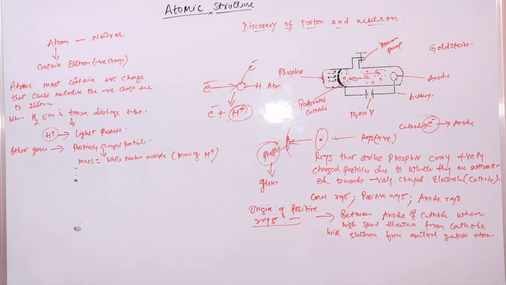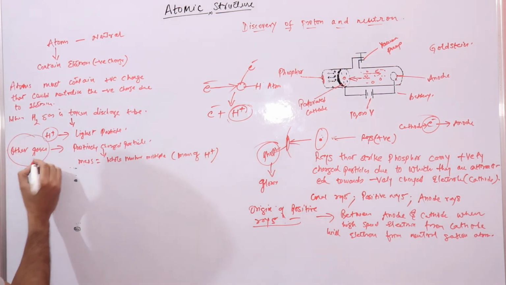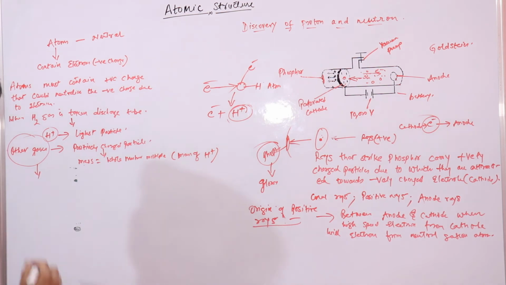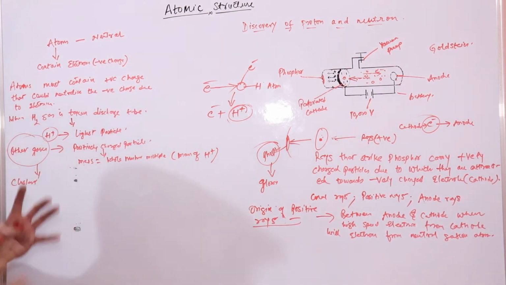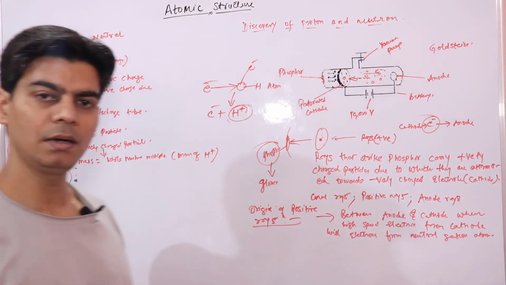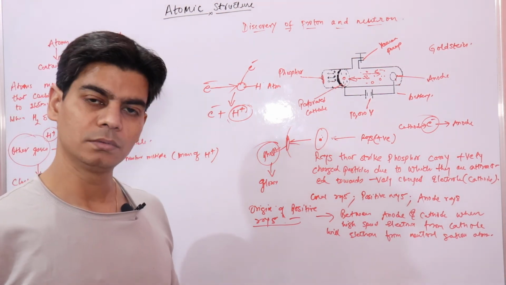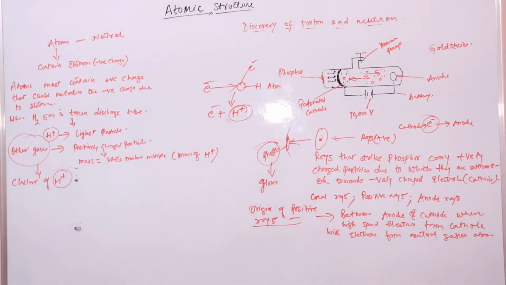So proton is considered to be the fundamental particle of all other gases, since other gases contain clusters, meaning many hydrogen ions. Any gas contains these hydrogen ions, maybe 1, 2, 3, 4, 5, whatever.